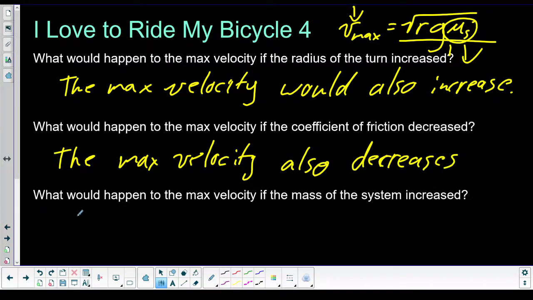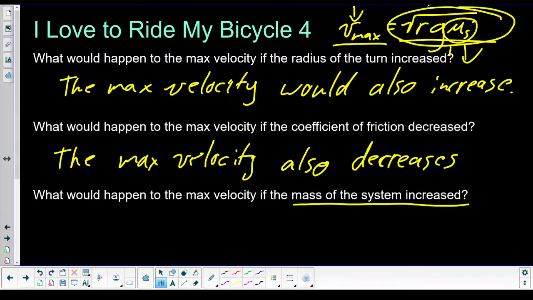Okay. And then lastly, what would happen to the maximum velocity if the mass of the system increased? We can see from this equation that we derived that our max velocity is independent of mass. Mass doesn't show up here, it canceled out. Meaning, if I change the mass of this system, it has absolutely no effect on my max velocity.